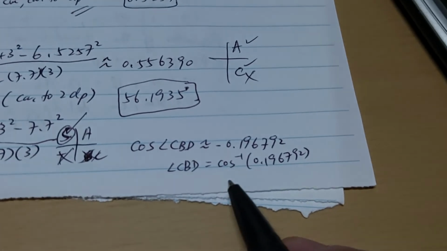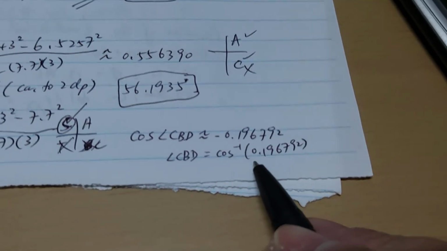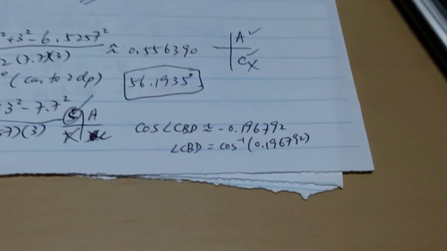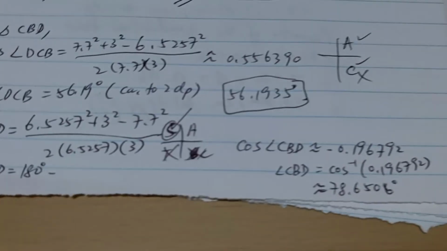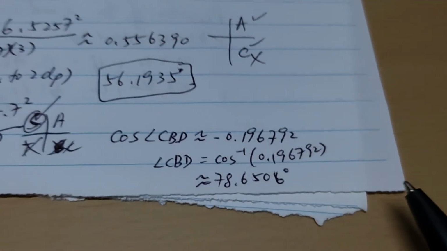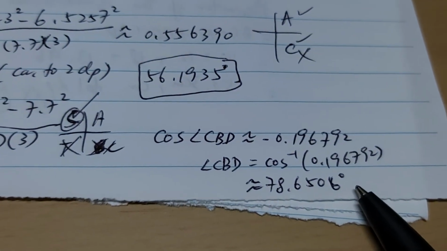So we need to shift cosine with positive, remember, positive number. Okay, we get this answer. So the reference angle is this one, 78 something.